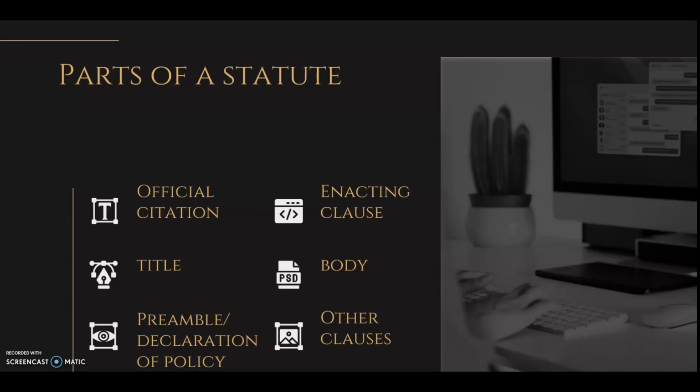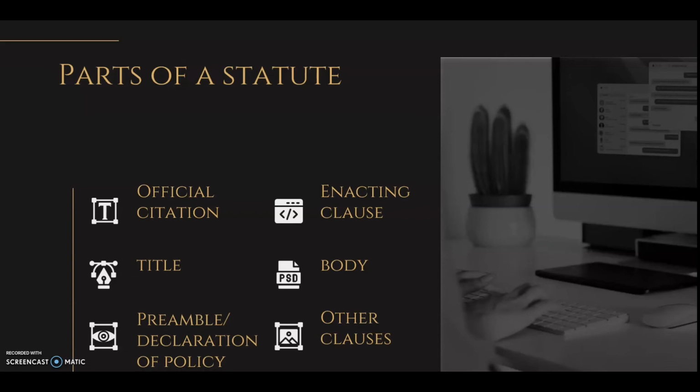Like in my example earlier, Republic Act 11313, the long title is An Act Defining Gender-Based Sexual Harassment in Streets, Public Spaces, Online, Workplaces, and Educational or Training Institutions, Providing Protective Measures and Prescribing Penalties Therefor. And then the short title is the Safe Spaces Act, or it is also popularly known as the Bawal Bastos Law.